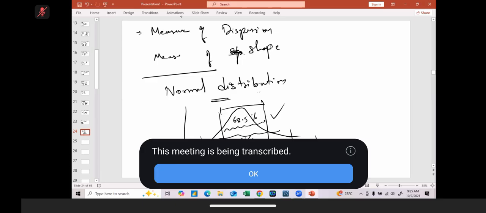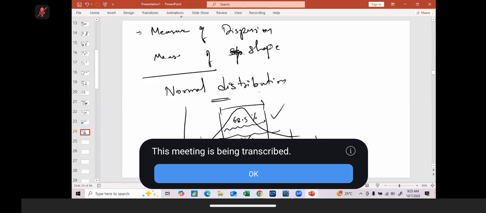And 99.7% of the values lie within -3 and +3 standard deviations. This is called the empirical rule. We'll see it tomorrow. There are some other characteristics of normal distribution also.